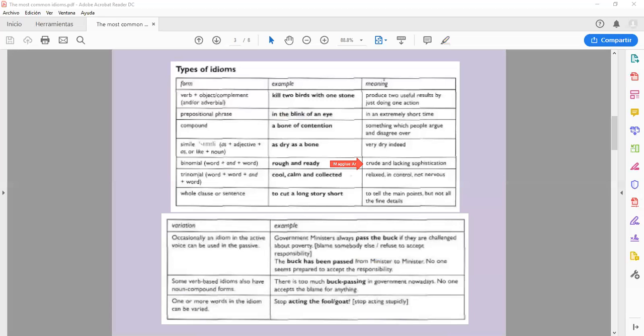Okay, any other example? Other example, teacher. Okay. I like ice cream and soda.